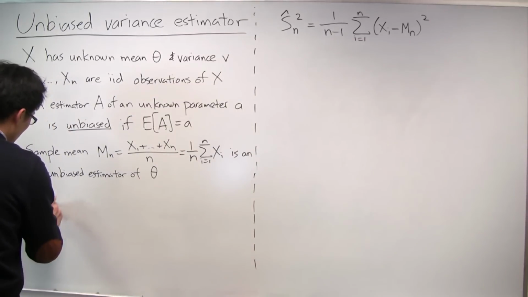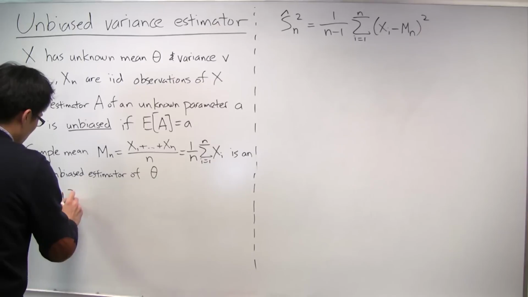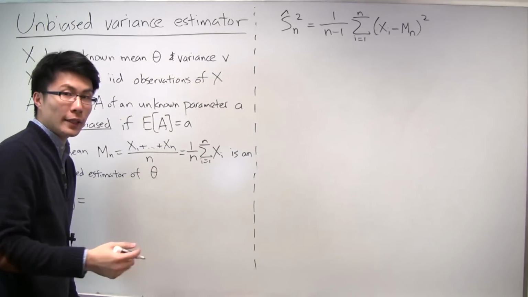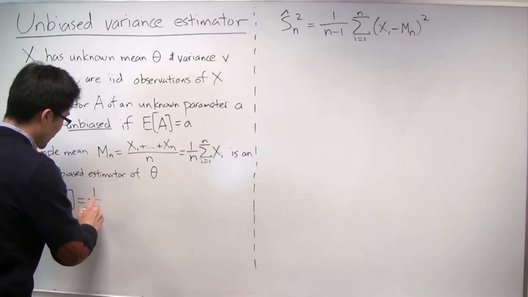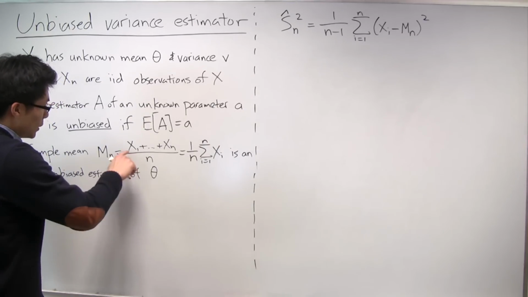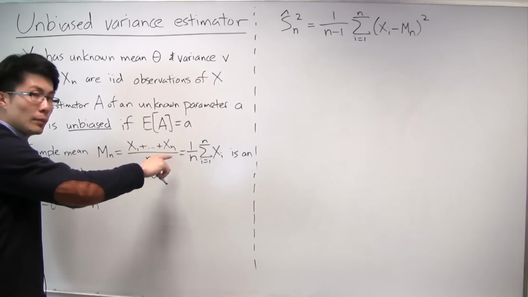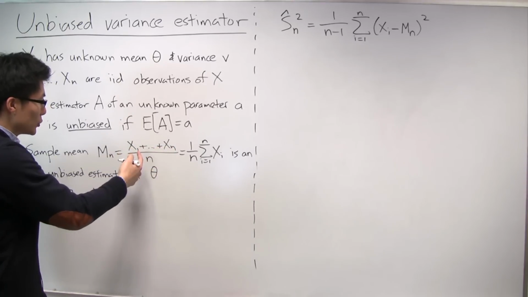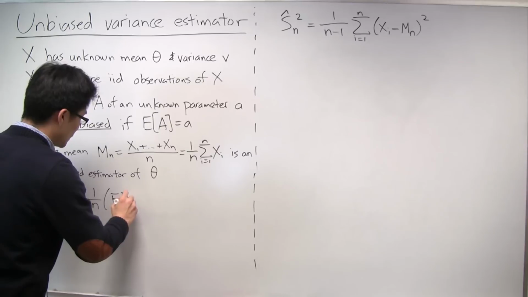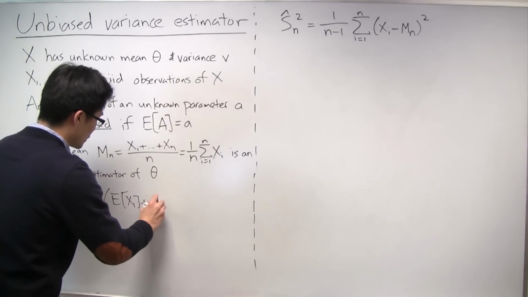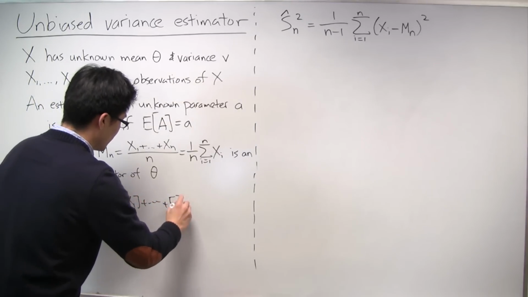The expected value of mn, in order to calculate it, will rely on linearity of expectations. So the first thing we can do is pull out a 1 over n, and then by linearity again, the expectation of the sum is equal to the sum of the expectations. So what we get is the expectation of x1 plus all the way through expectation of xn.